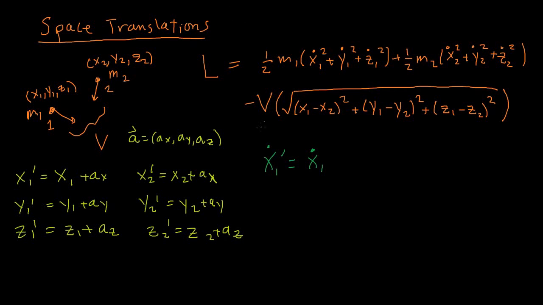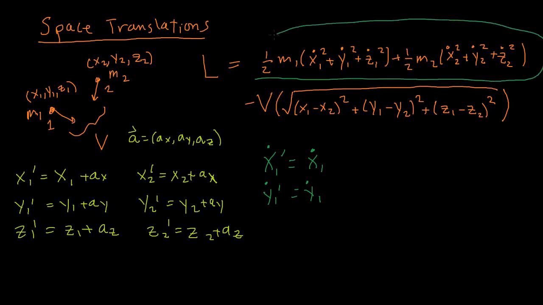But because a sub x and also a sub y and a sub z aren't changing in time, we could say this for anything. So y1 prime dot is equal to y1 dot, and so on. So this whole first half of our Lagrangian, the kinetic energy term, doesn't change once we change our coordinates to our primed coordinates.